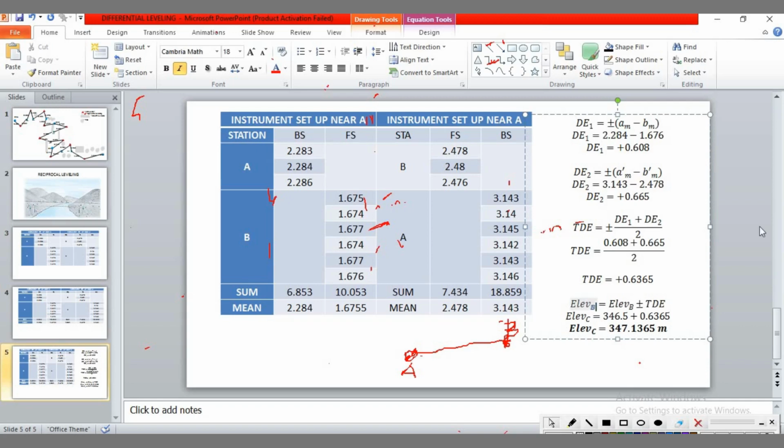The elevation of A for this problem is given. The elevation of point A is equal to 346.5.